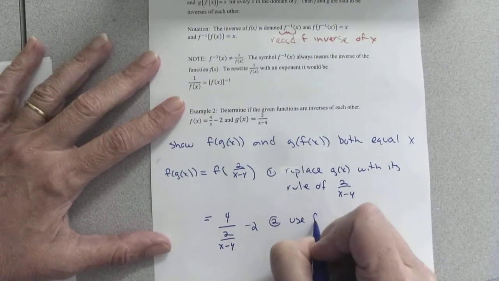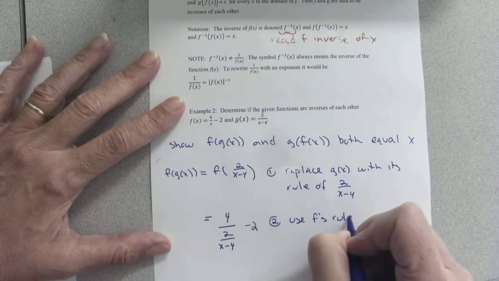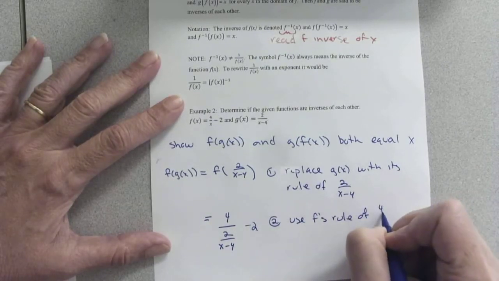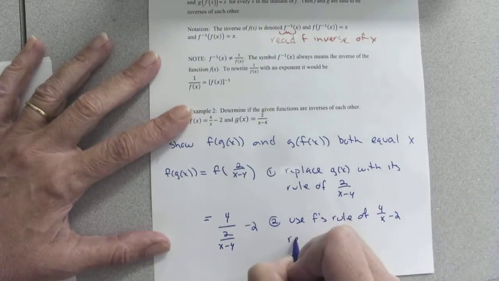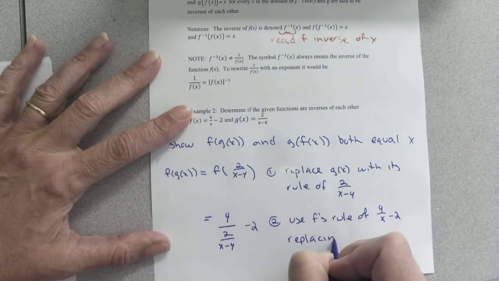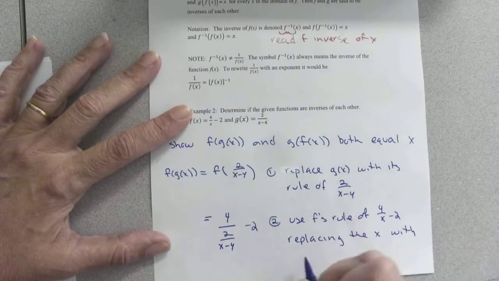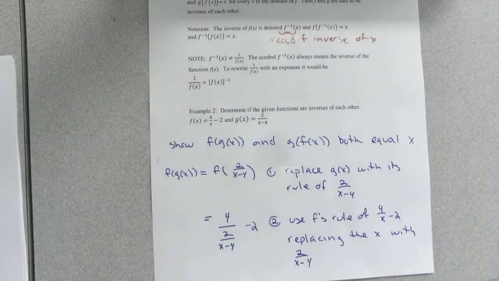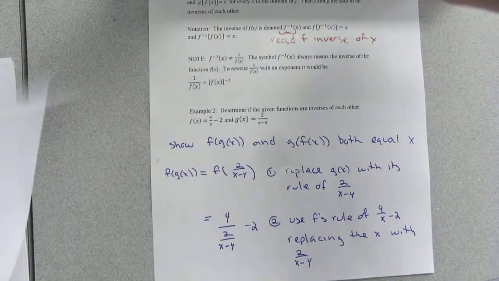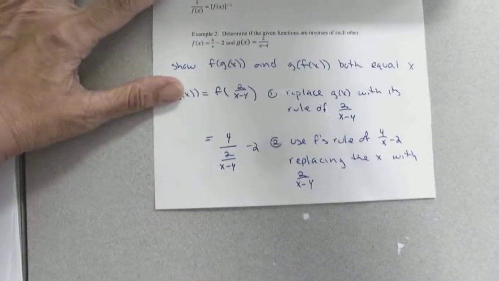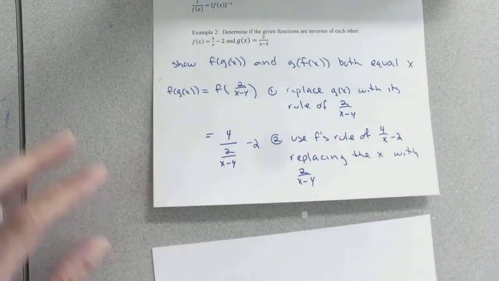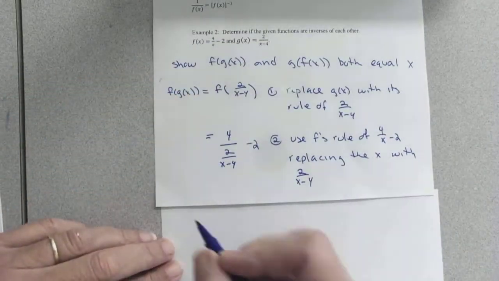So use f's rule of 4 over x minus 2, replacing the x with whatever I had in parentheses, in this case, 2 over x minus 4. And now we simplify.